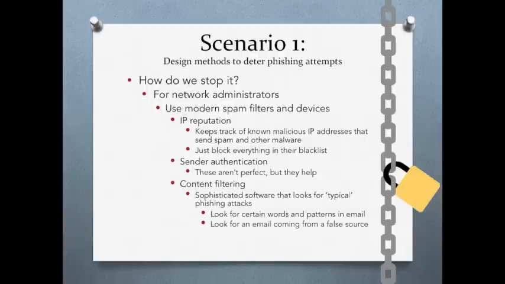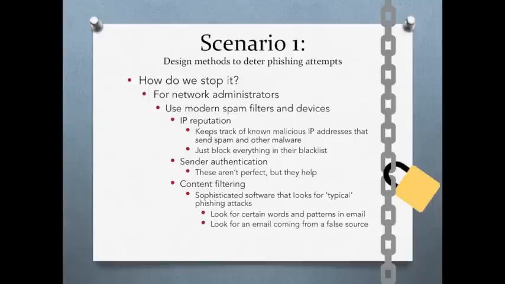A lot of spam and phishing attacks come from a false sender. It might be a real email address, but it didn't really come from them. As you start learning about email, you'll notice it's very easy to send a fake email from a fake person. So sender authentication, making sure that whoever actually sent the email is really that person, is very helpful.